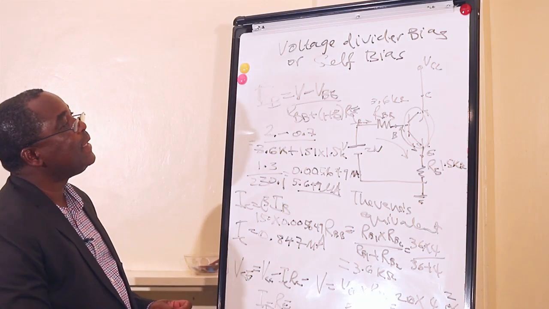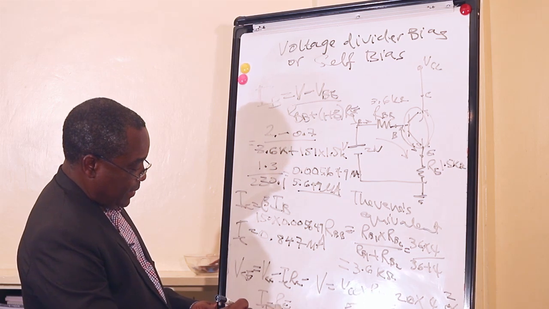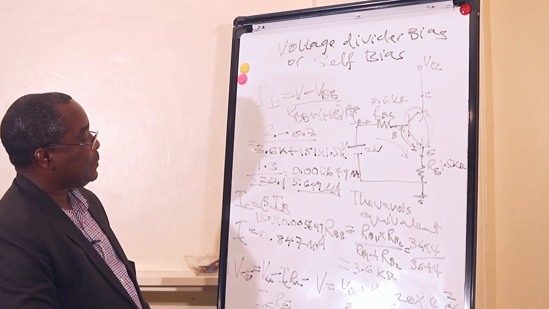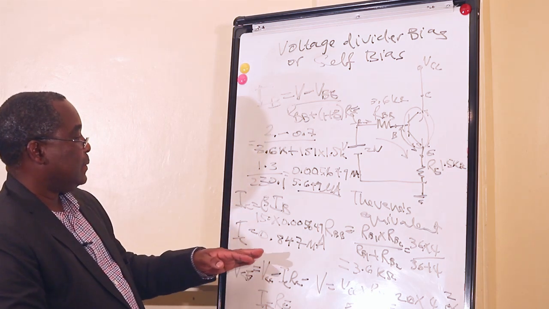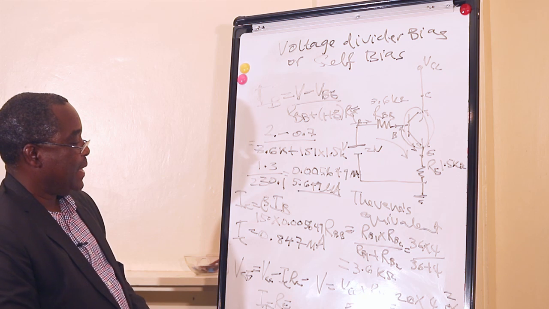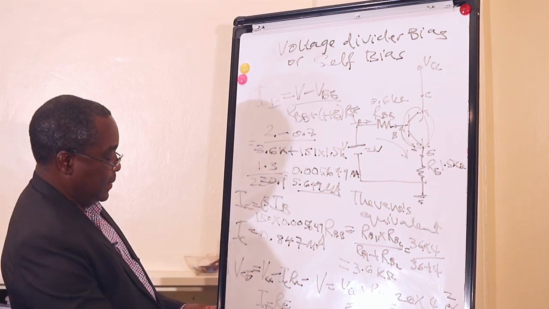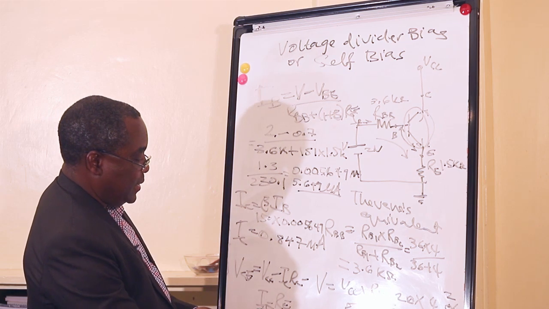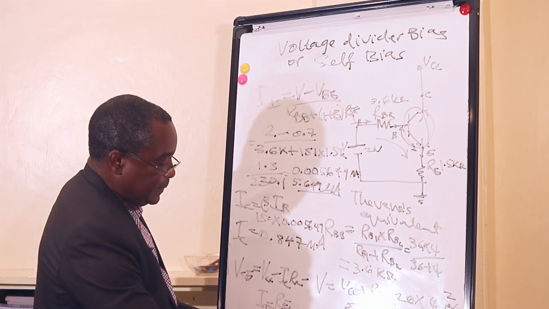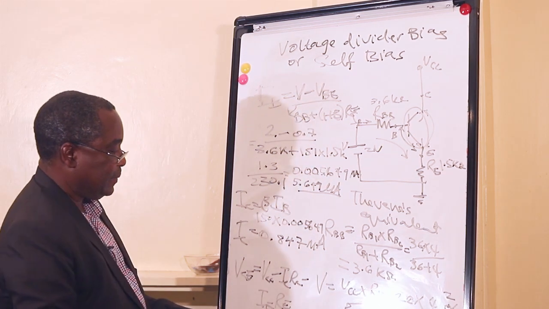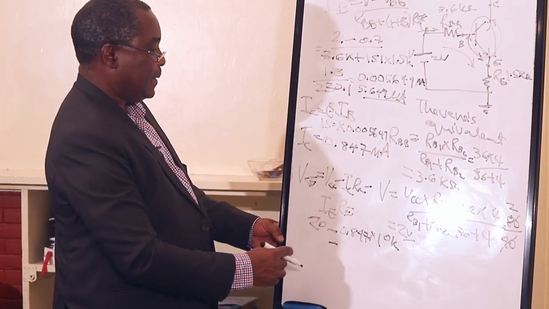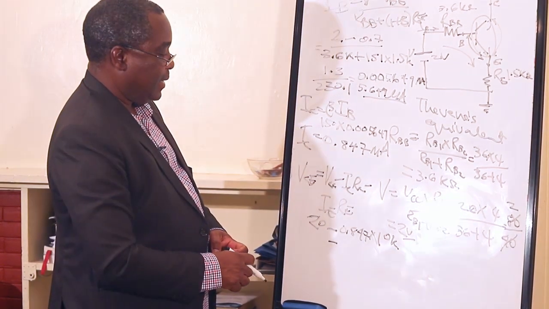So the VCC is 20. We minus our IC, in milliamps, this one is 0.847 times RC, which is 10K. Also, we minus IE RE.